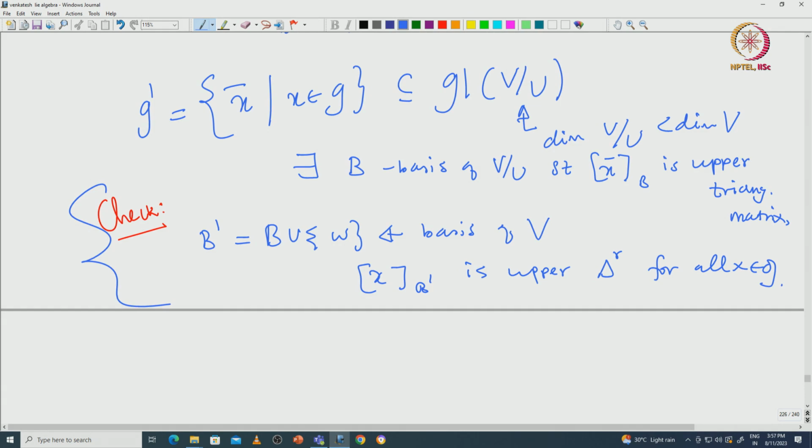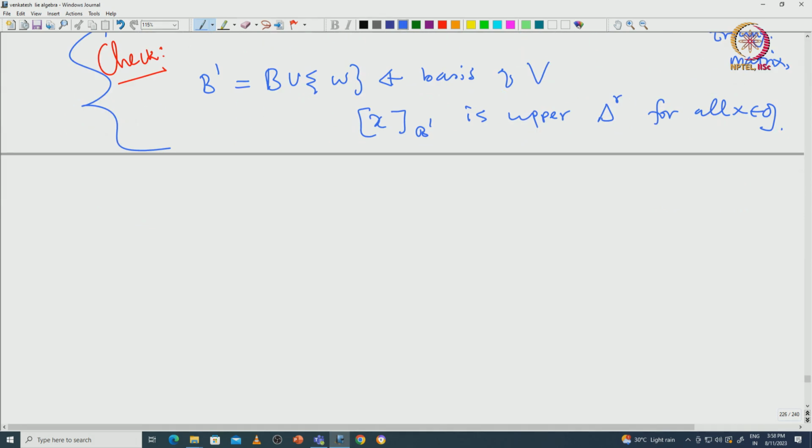So, G is solvable if and only if, you assume that G is coming from GL of V, then there exists a basis such that this is happening. Actually, one can say that this is true even for any arbitrary Lie algebra as before, because if you start with an arbitrary Lie algebra, then G modulo the center of G can be embedded inside GL of G. So, if G is solvable, then this G modulo center of G will be solvable.